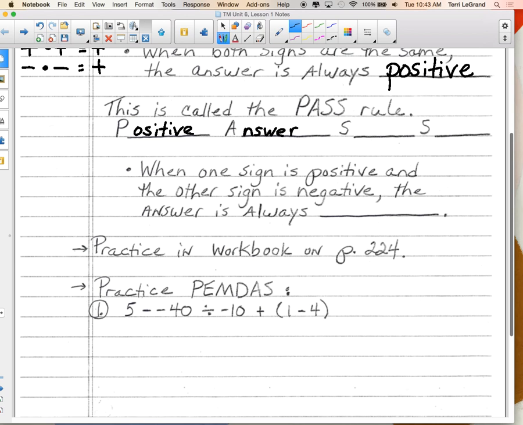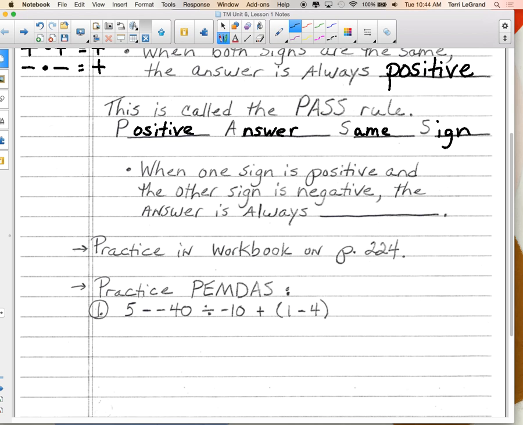You will get a positive answer when you have same sign. So you're multiplying or you're dividing. You have two numbers with the same sign. You will get a positive answer. That's the pass rule.